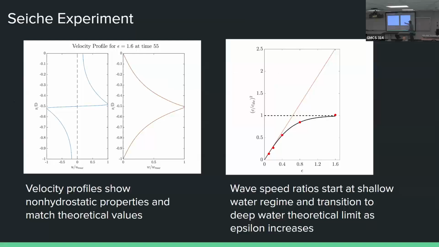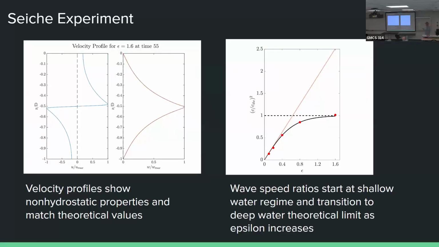So look at the red dots here, the wave speeds for each one of those domains. The red line is the shallow water wave speed. The dotted line is the deep water wave speed limit. And we see here, it follows the shallow water and then it transitions to deep water, just like it's supposed to do. This is the happiest graph I have on here.